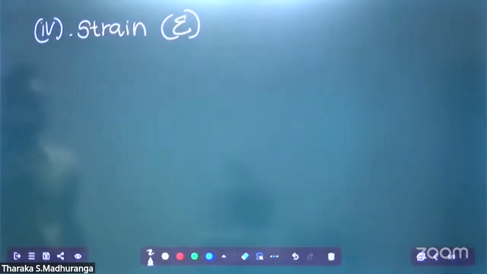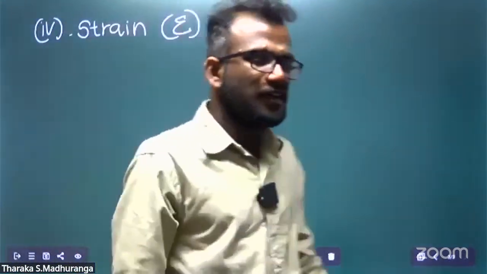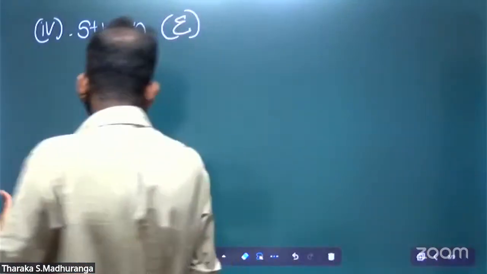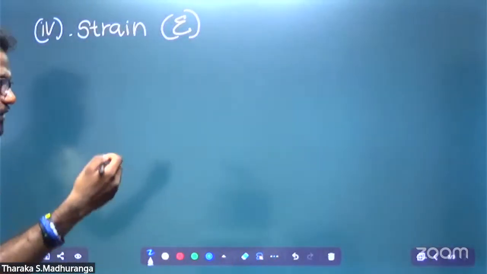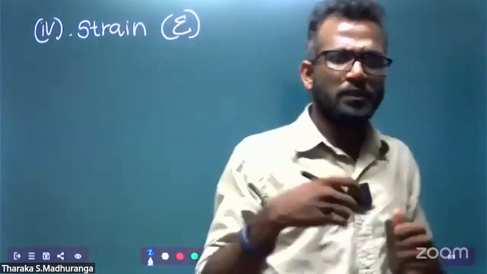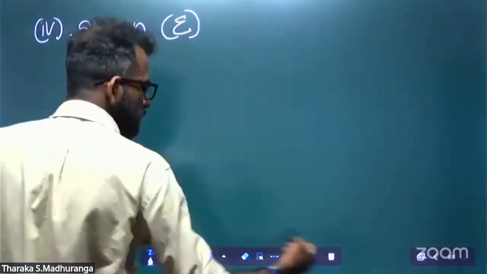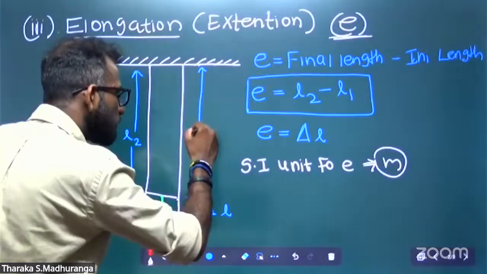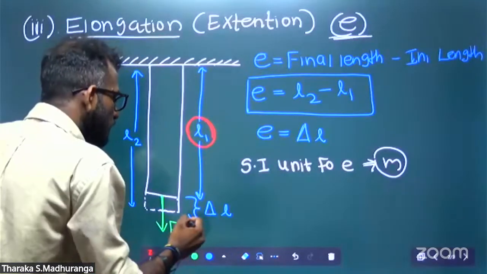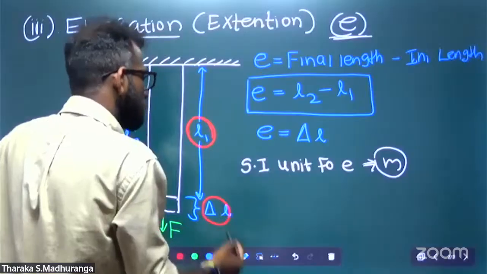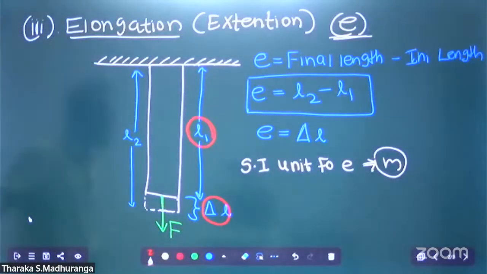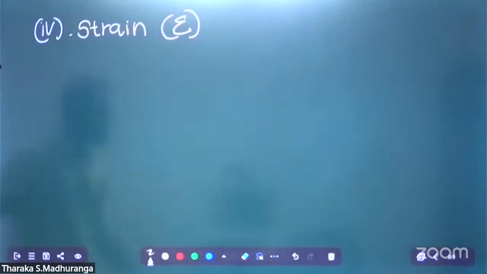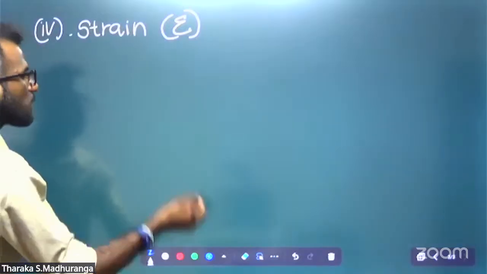Now, even if the symbol is difficult, the theory of strain is very simple. Strain means the ratio between the elongation, delta L, and the initial length, L1.